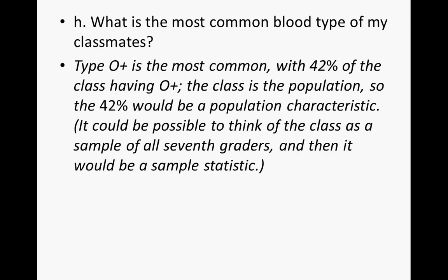Well, you could pick something like O positive is the most common, with 42% of the class having O positive. The class is a population, so the 42% would be a population characteristic. It could be possible to think of the class as a sample of all 7th graders, and then it would be a sample statistic. So if you only did one class and not the whole 7th grade, then that would be a sample.